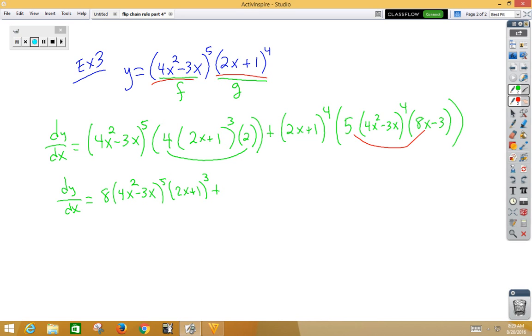If we do that, we would get 40x minus 15, 2x plus 1 to the fourth, 4x squared minus 3x to the fourth.